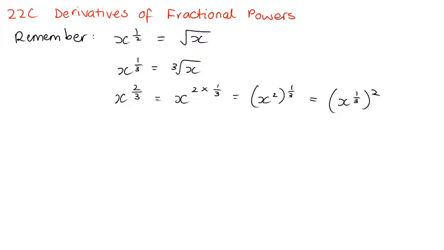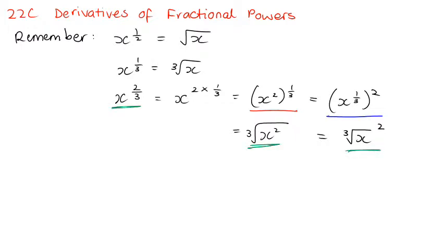So this one here can become x squared, and then take that to the cubed root. And this one here, you can do the cubed root of x to the power of 2. So you can write it either way. So that was all coming from this one here. You can write it either that way or you can write it that way. So just remember, your denominator number is the root number and the numerator is the power.